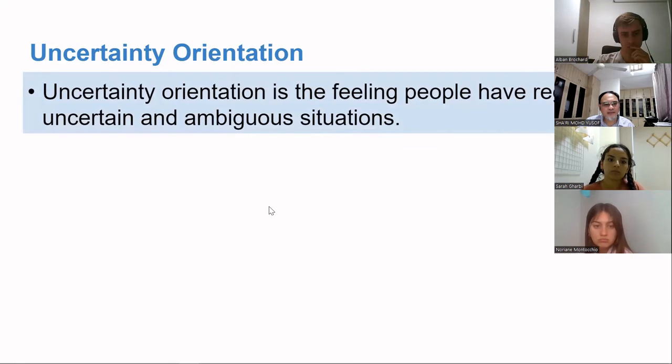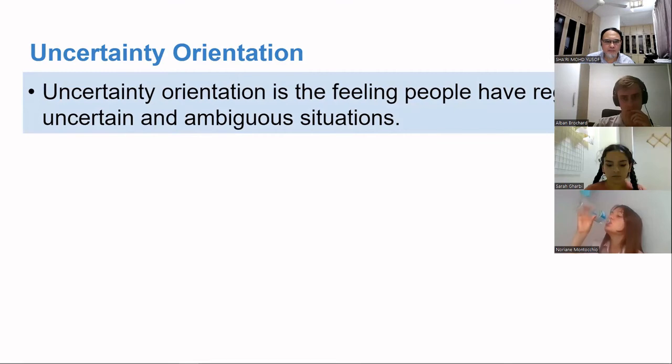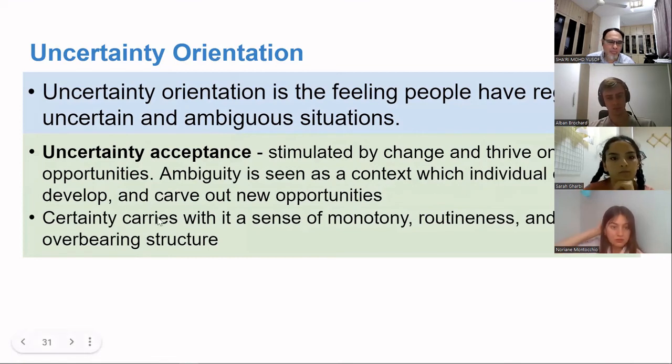Another dimension is uncertainty orientation. Uncertainty orientation is the feeling people have regarding uncertainty and ambiguous situations. Uncertainty acceptance means you like challenges, are stimulated by change, and thrive on new opportunities. Ambiguity is seen as a context in which an individual can grow and carve out the opportunities available.